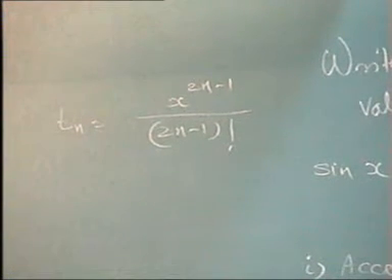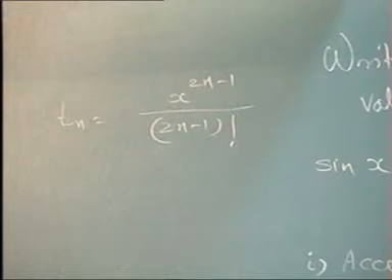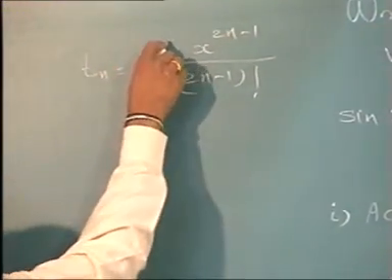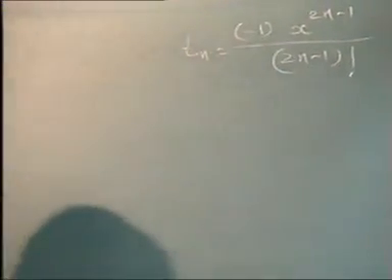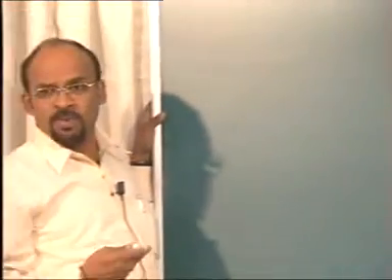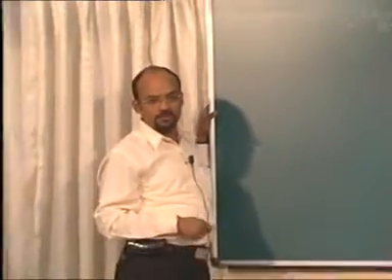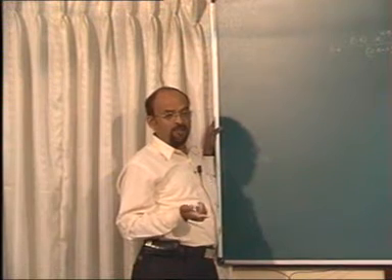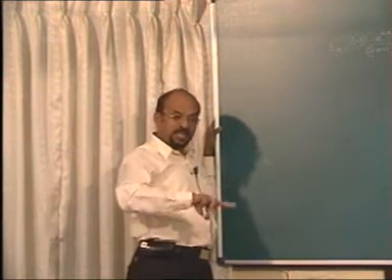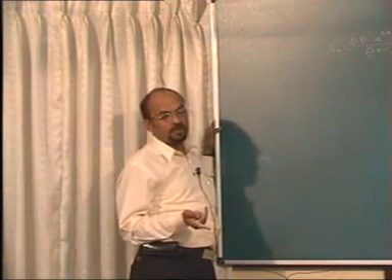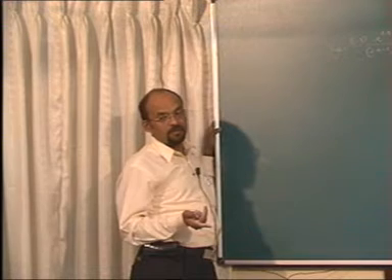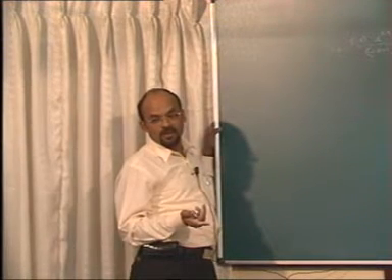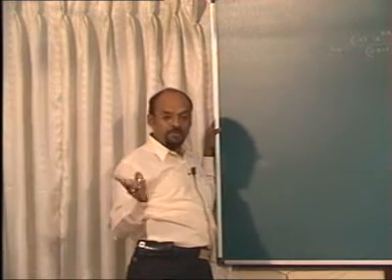If n is odd, it is positive. So you will have to write it as minus 1 raised to... you can't write 2n minus 1, it will always be odd. Minus 1 raised to n, if you write, then for the first term it will be negative, for the second it will be positive. If you write 2n, all the terms will become positive.